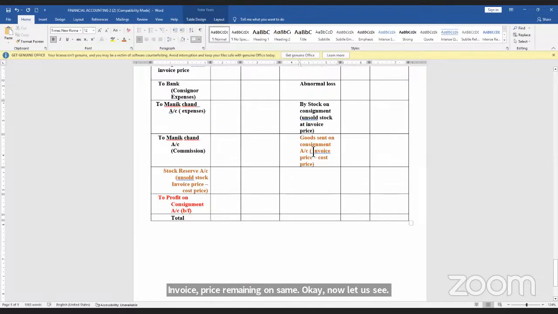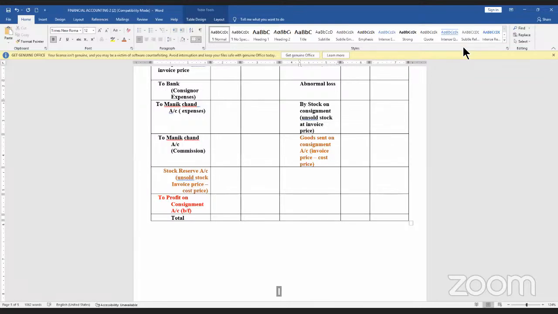Say for example, I'm the owner, the consignor. I have a business in Hyderabad and also in Vijayawada. My goods, valued at 10,000 only, I'm sending to my consignee, but quoted at 12,000.